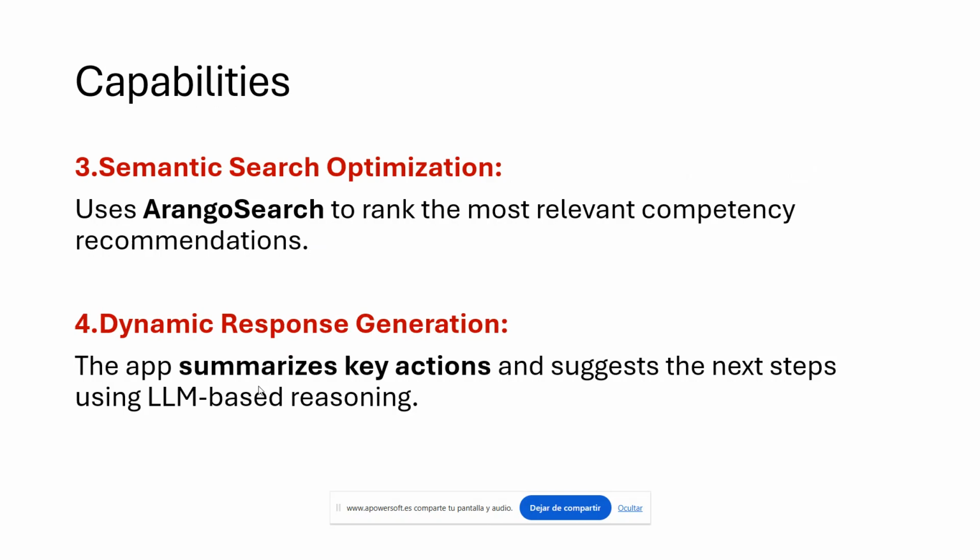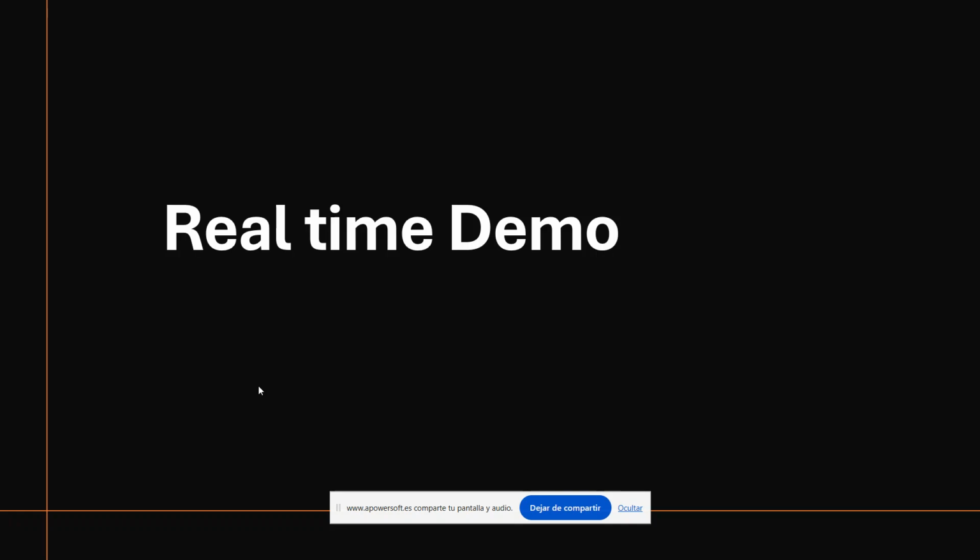Semantic search optimization: I'm using Arango search instead of using embeddings. I think that Arango search is faster than embeddings, so in this case, it was the best solution. Then dynamic response generation, because it summarizes key actions and suggests the next steps using LLM-based reasoning.